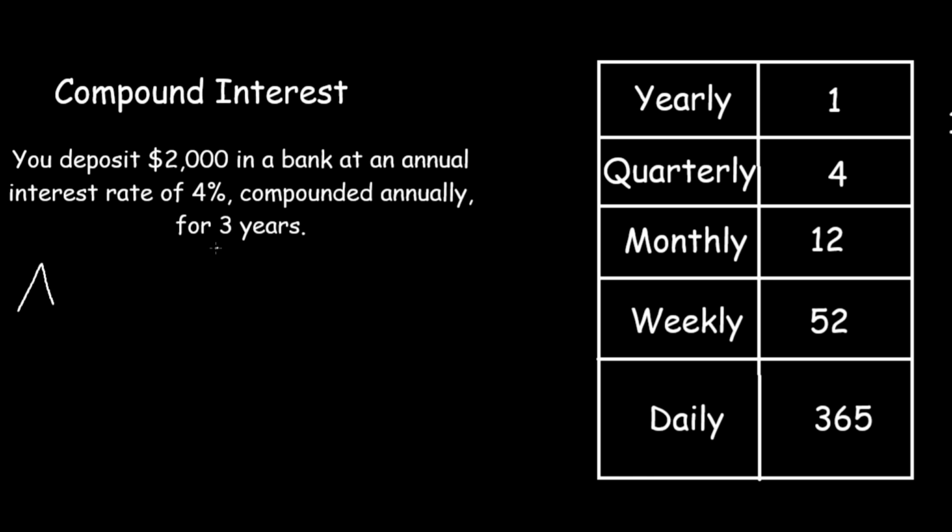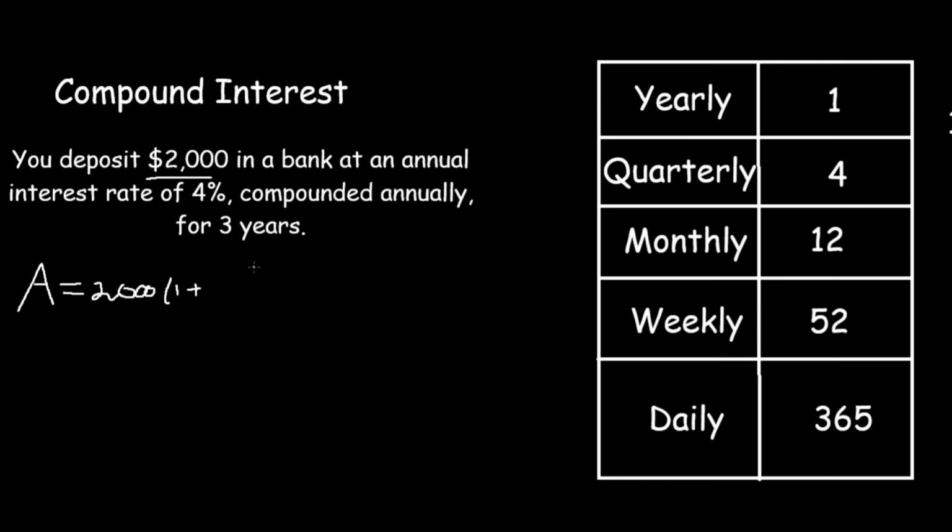What we're first going to do is find the total amount after that interest, which will be our A value. First, our P value, which is 2,000, the initial amount that we put in. Then we put our 1 here, which is part of the formula.